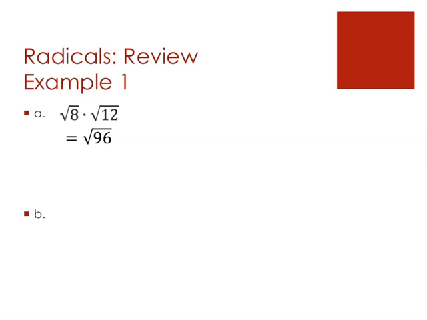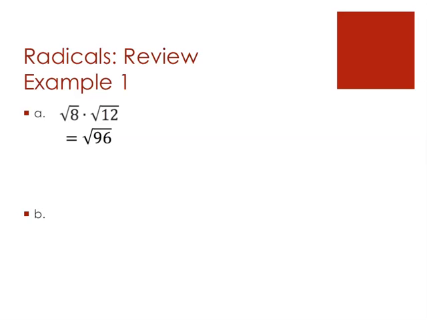Now when we want to simplify a radical as much as possible, we want to see if there are any factors of the number under the radical that are perfect squares. In other words, do we have 4 or 9 or 16 or 25 or any of those factors of the number underneath the square root?